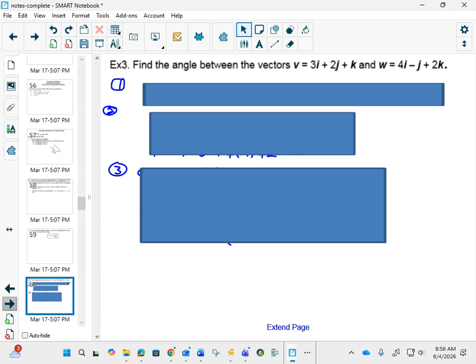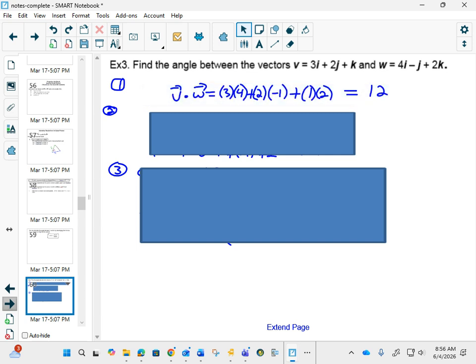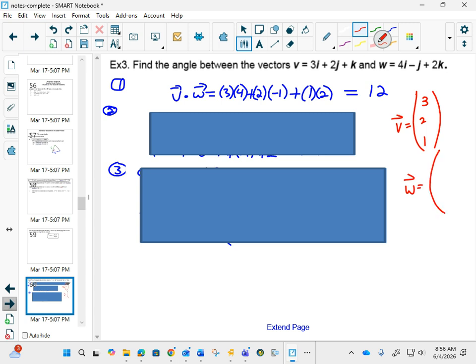So we've got, I'm going to just write my vector V out as a column vector 3, 2, 1, and my vector W out as a column vector 4, -1, and 2. I hope you can see the dot product, the crashing into each other, a little bit easier there.